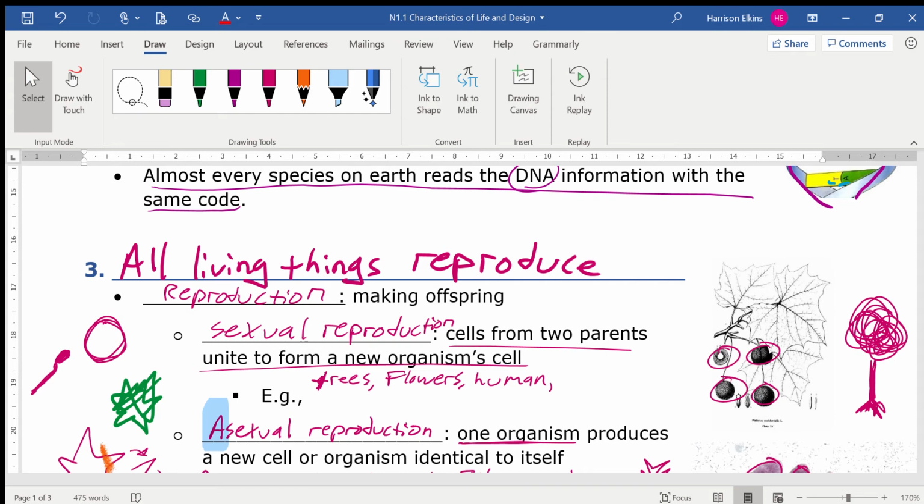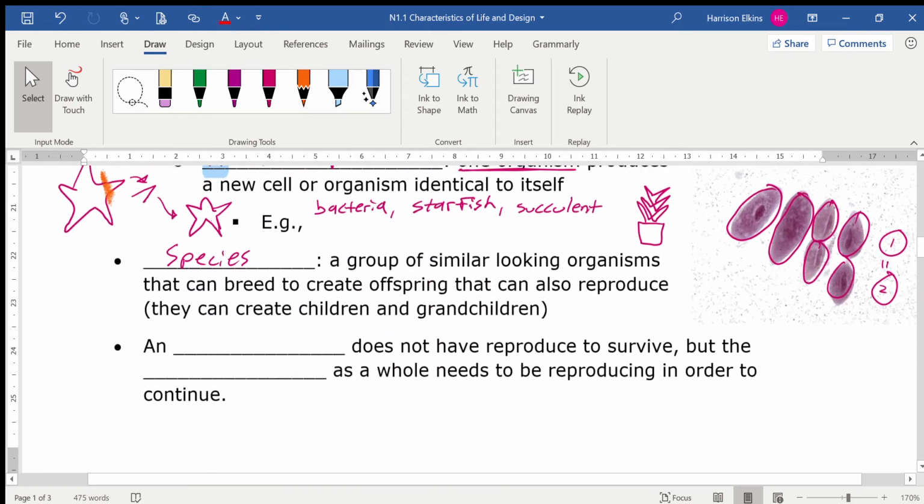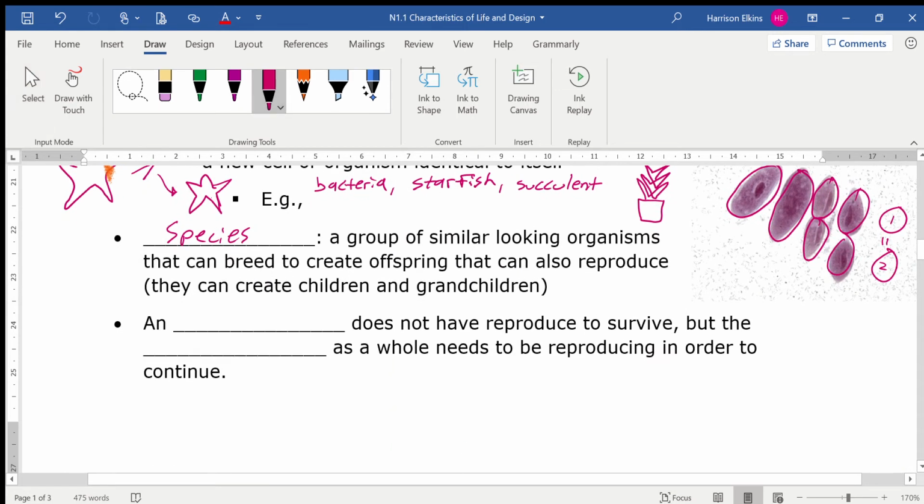Of course not. This is one of the exceptions to the criteria. An individual, a single person or a single organism, does not have to reproduce to survive. But basically, the species as a whole should be reproducing.